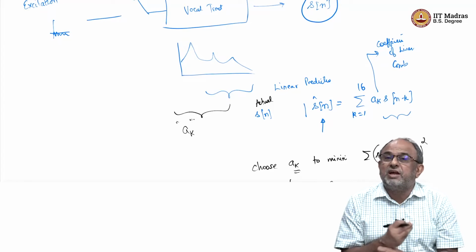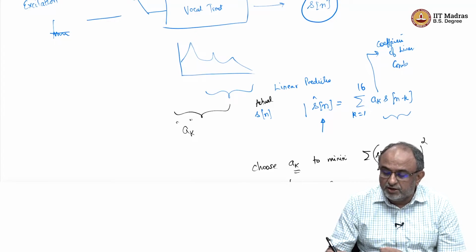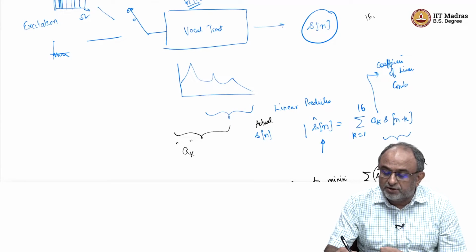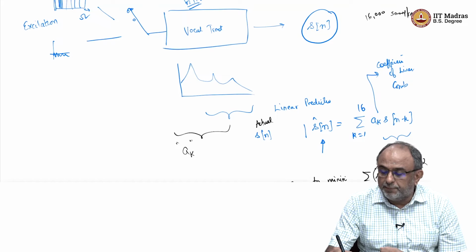So this is a very efficient way, rather than sending this, normally remember in wideband speech I have 16,000 samples per second, and each sample can be using 16 bits per sample, right.